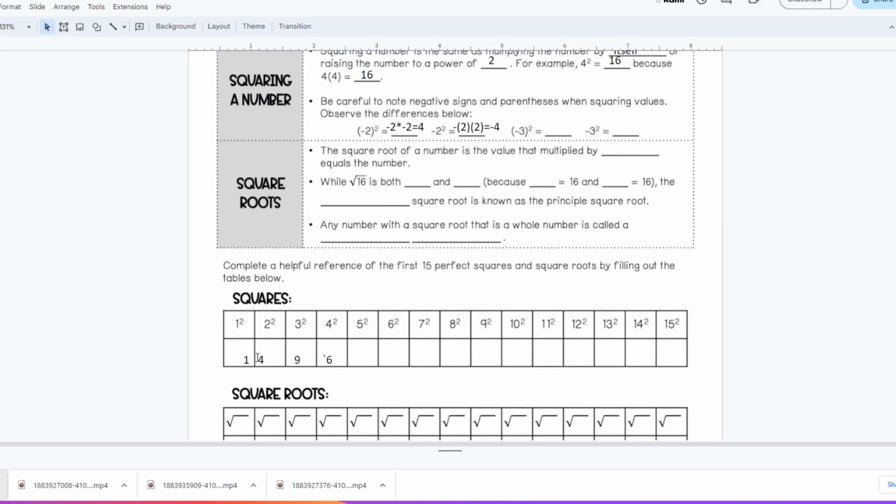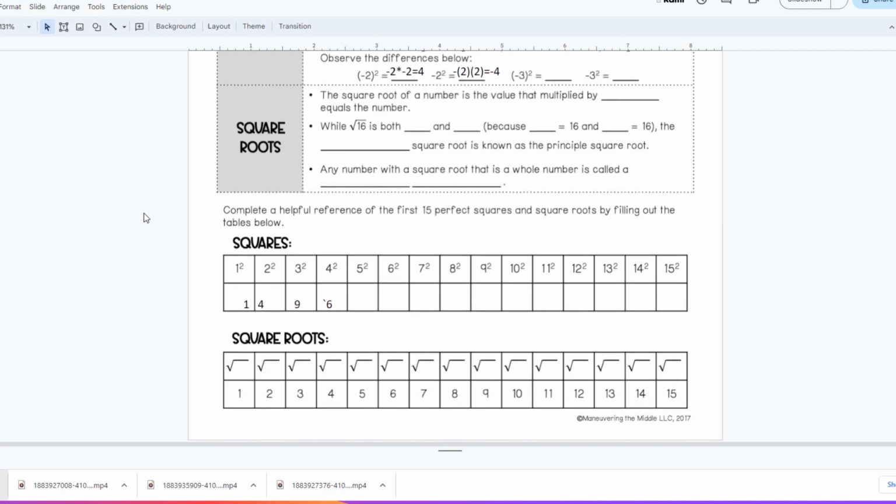Square roots, however, well, we're going to go the opposite direction. So this chart will help you with square roots. So 1, you have to think 1 times 1 is 1. So the square root of 1 is 1. 2 times 2 is 4, so the square root of 4 is 2. 3 times 3 is 9, so the square root of 9 is 3.